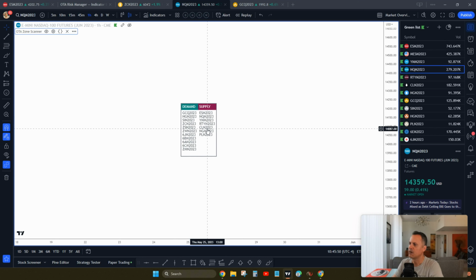Crude oil is on the supply zone side, and those are the two contracts that we focused on. I don't know about you, but I can only focus on one or two contracts at a time when I'm trading live. Out of everything, the contracts that look best to me for the opening range breakout retest were gold and crude oil once again.